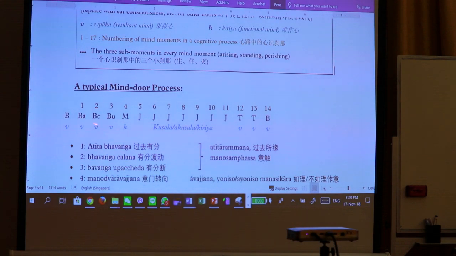But anyway, from here it is possible that arrest or vibrating bhavanga, these three minds have the same character, same object, same action. Okay, but this is a mind door. Now for me, there are 34 mental factors.